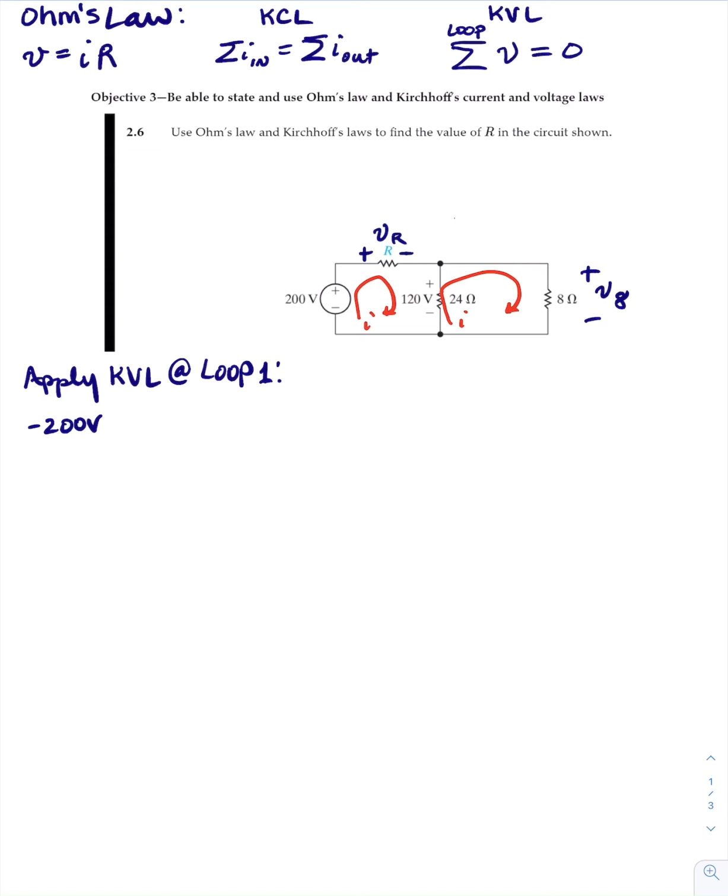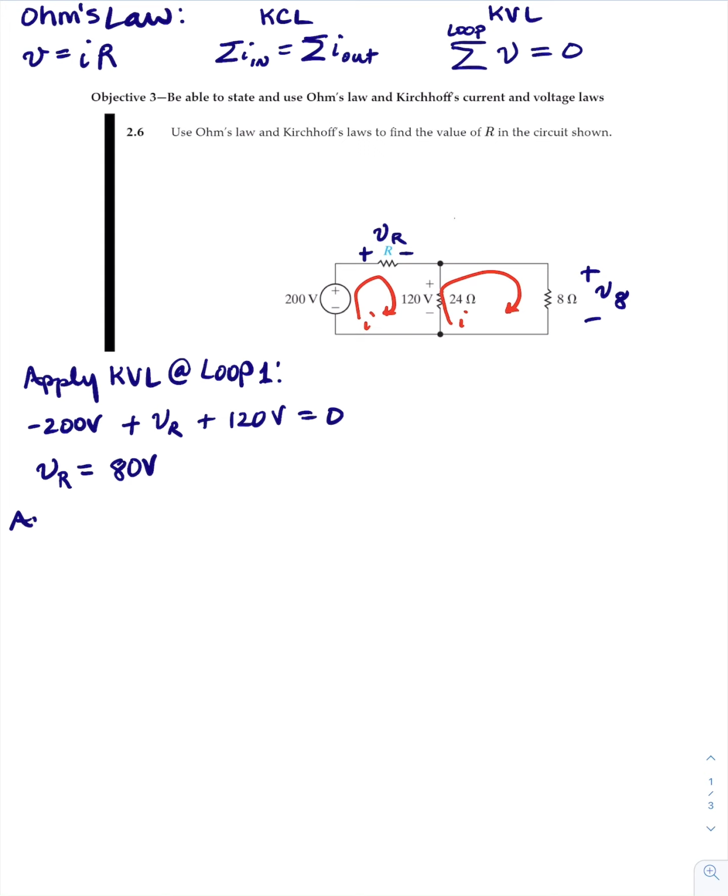So we come to the resistor, so that would be plus V sub R. And we come down to the 120 volts, so that's plus, we're entering at the positive terminal, plus 120 volts. And that is equal to 0. Let's simplify this. So V sub R is equal to 80 volts.